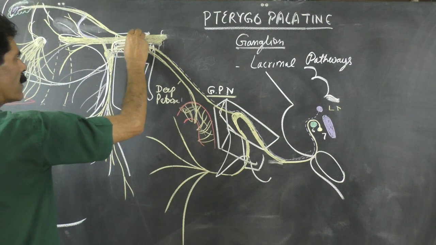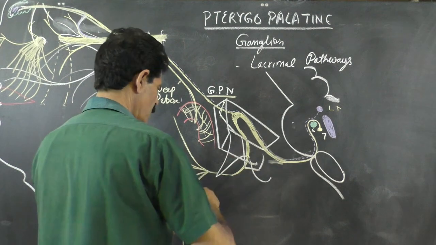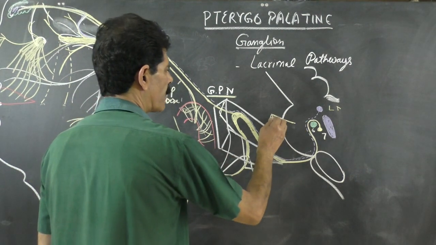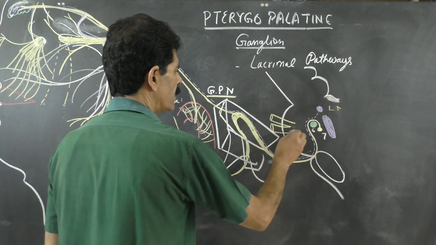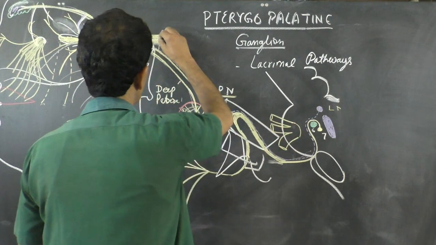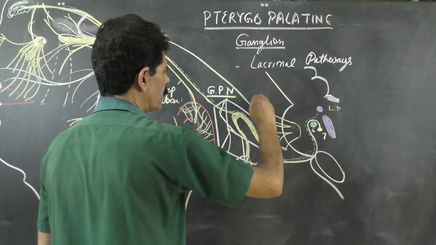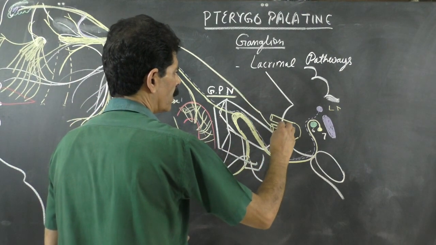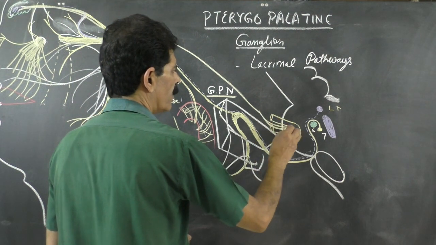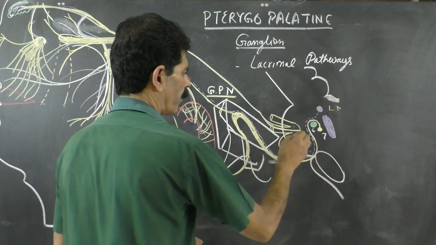From here they enter the mainstream of the maxillary nerve, and as we know, the maxillary nerve is arising from the pons, the trigeminal nerve, the ophthalmic division, maxillary division, and the mandibular division, all arising from the pons. So the sensory fibers are reaching through the maxillary nerve, because this is the only sensory afferent nerve. So these sensations reach the trigeminal, the fifth nerve in the pons.